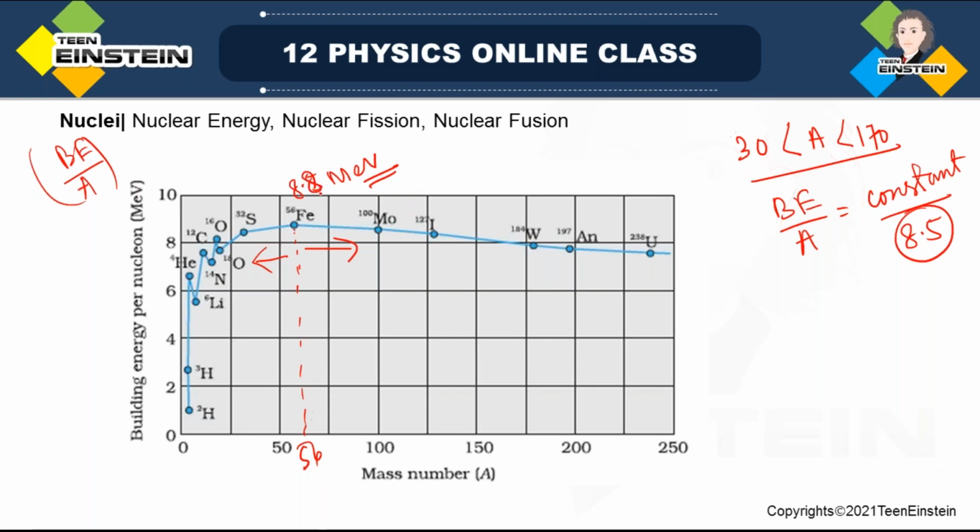Okay, I think this is 8.8 or something, for iron alone.